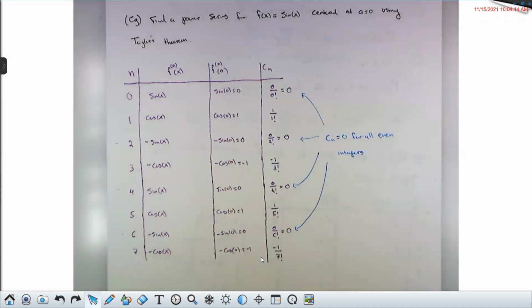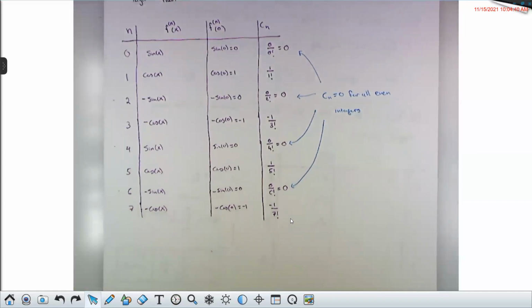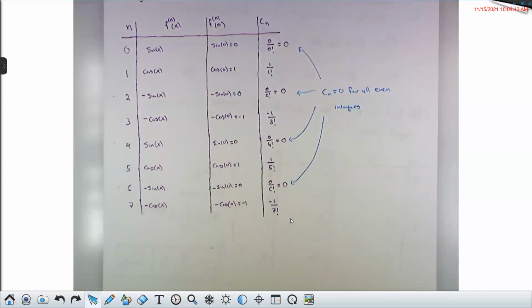Cn is equal to 0 for all the even integers. And otherwise, you get 1 over 1 factorial, -1 over 3 factorial, +1 over 5 factorial, -1 over 7 factorial. Actually finding a clean formula for the Cn's here is a little bit hard because you have to consider the even and odd cases separately.